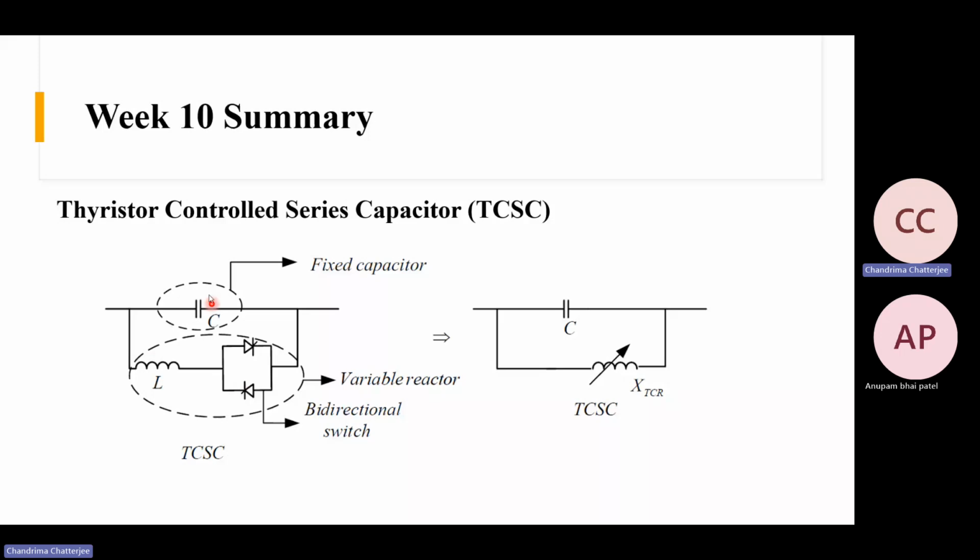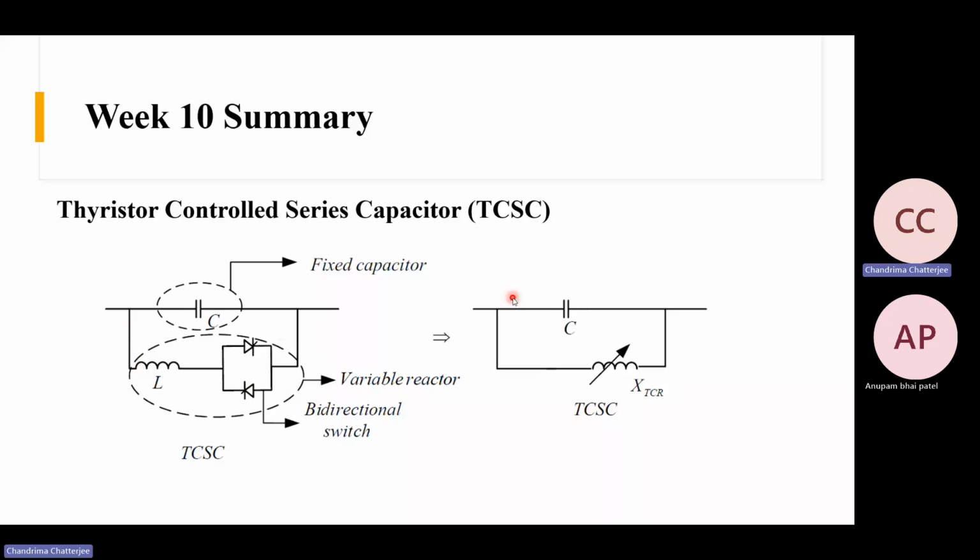So basically there is a fixed capacitor and a controlled reactor, and overall the combination will give us a variable reactance. That could be inductive reactance or capacitive reactance, based on the mode in which the thyristors are operated, whether they are off, fully on, or conducting partially. Based on that, the net impedance will be decided.